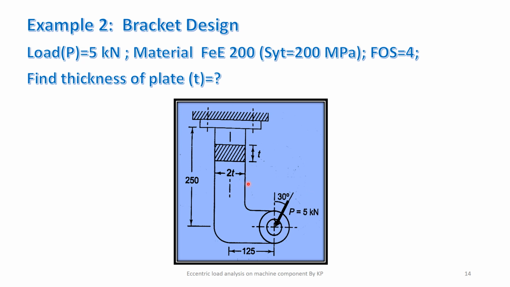The CG of the cross section is at a distance of t from this end as well as from this end, and the load is acting at this point. So the load is not passing through the CG of the cross section, that is why it is an eccentrically loaded case. For this case, again we have to see how we can consider it. We can take the two components of this force. Let us see in the next slide how to analyze this force.